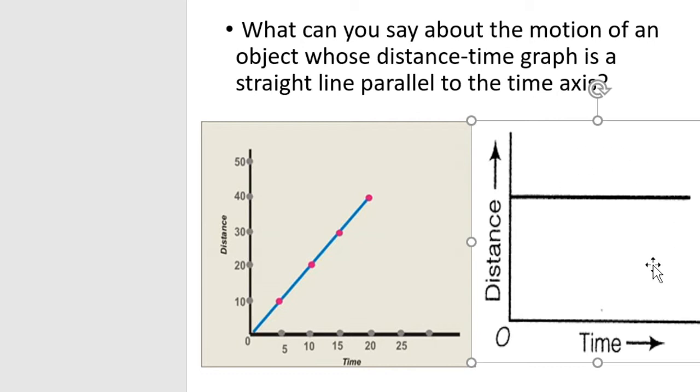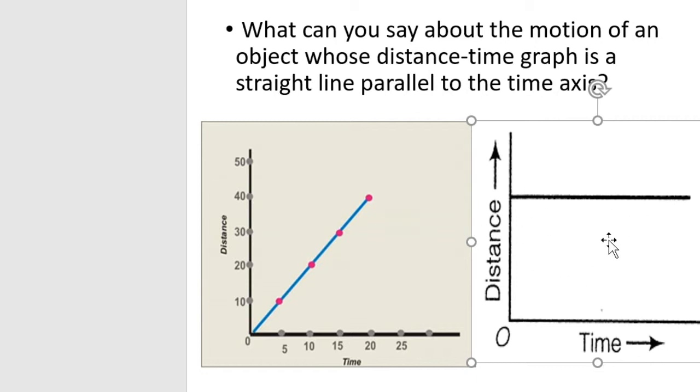What does this other graph tell you? This graph tells you that the body is continuously moving, because after 5 seconds it has traveled 10 meters or kilometers. After 10 seconds or 10 hours, it has traveled 20. Every point the distance is changing. So this body is traveling, but the other body is stationary.